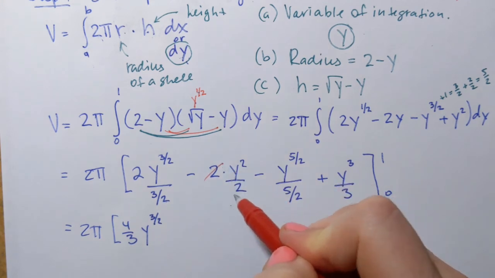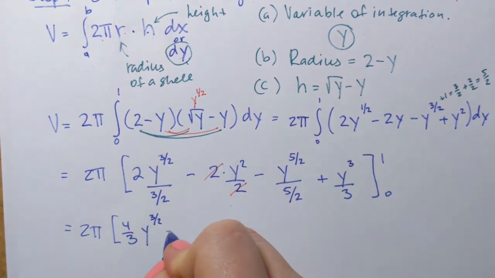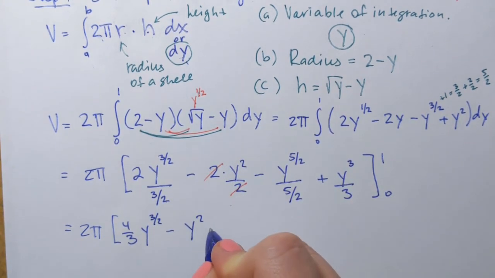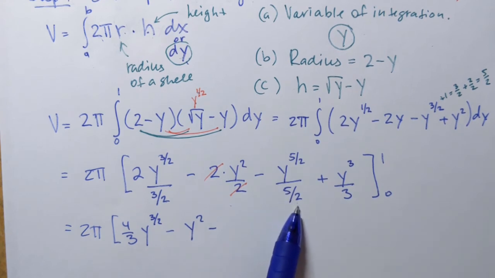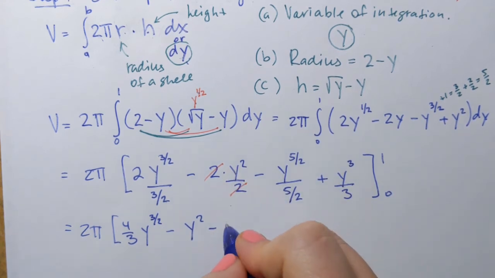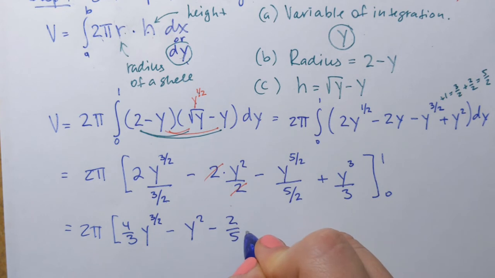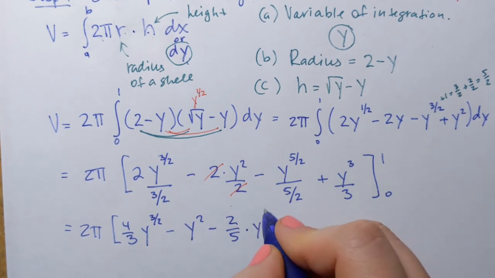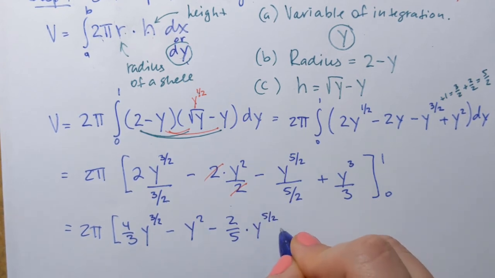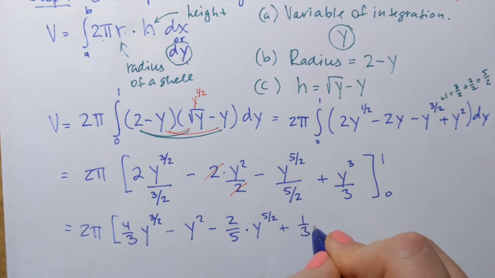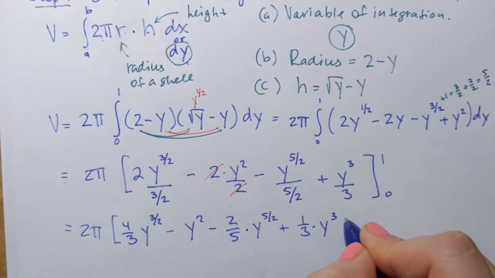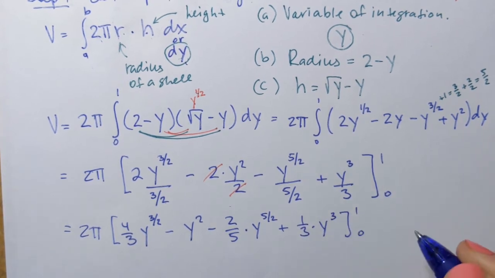Now 2 and 2 will cancel, so it's minus y squared. Here I'm dividing by 5 over 2, that's the same as multiplying by 2 over 5 times y to the power 5 over 2, plus I'll just write 1 over 3 times y cubed, evaluated at 1 and 0.